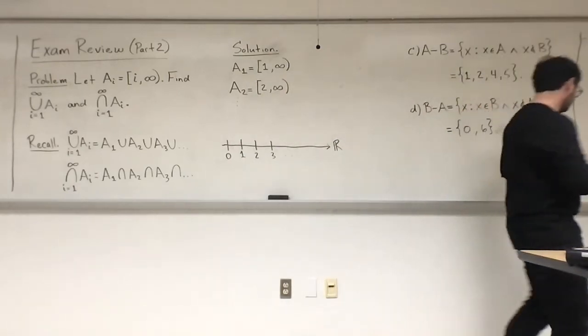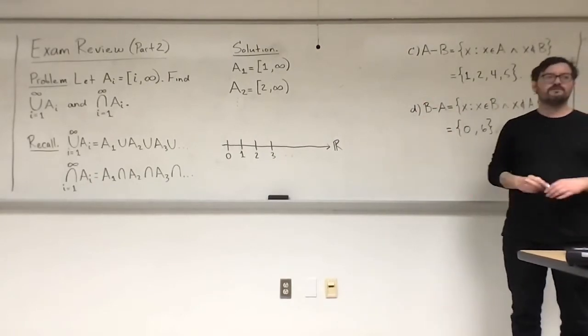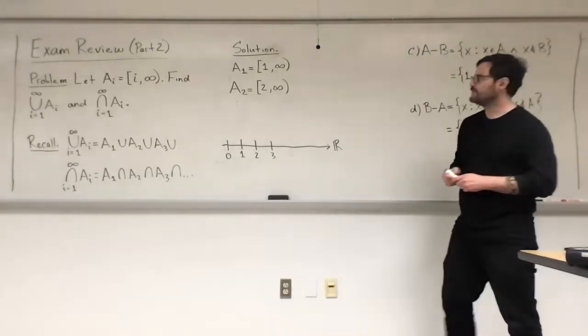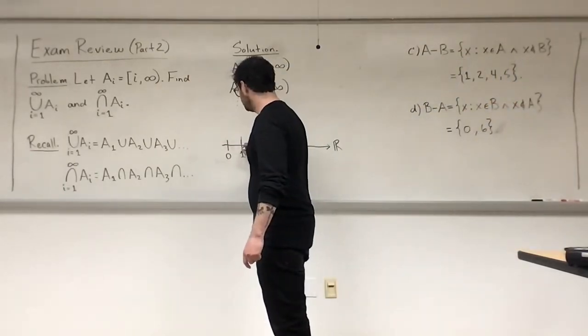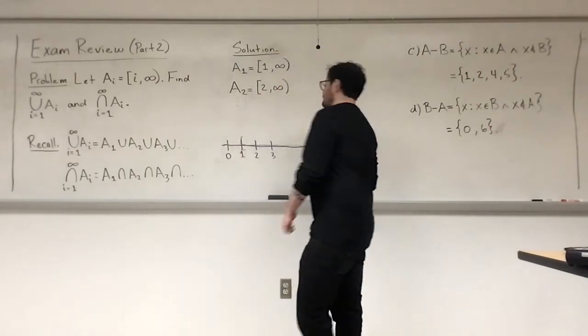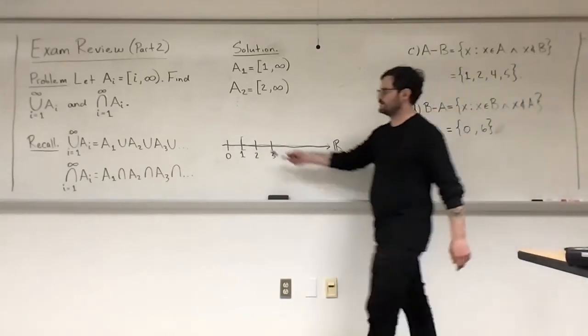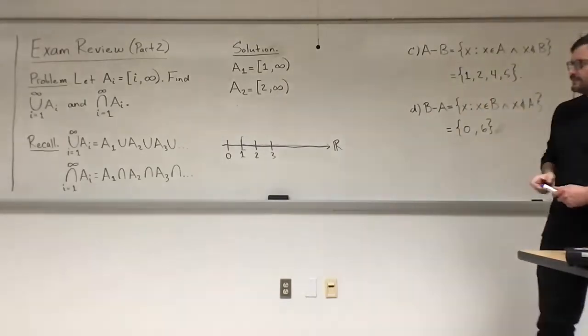So what does A1 look like if you're going to shade it in, just like in a college algebra course? A1 will be like here, simple, and all of those numbers there. And it's closed there and it just goes off forever. Okay? That's A1.